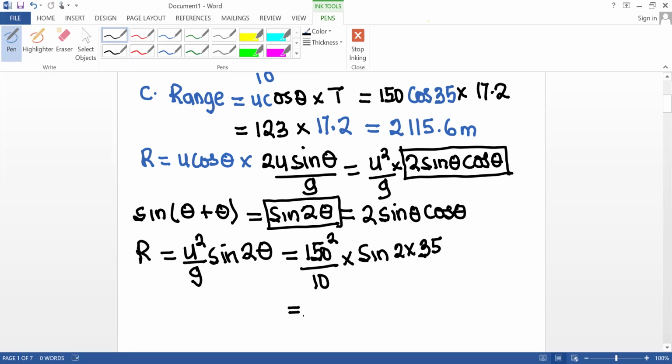Good. So divided by 10 would give us 2,250. 2,250 times sine 2 times 35, 70. What is 2,250 times sine 70? 2,114.30.